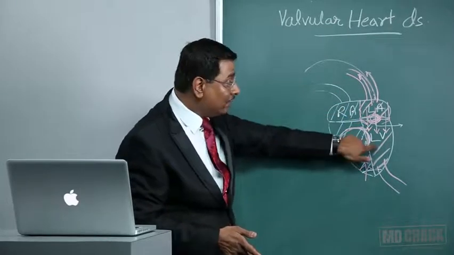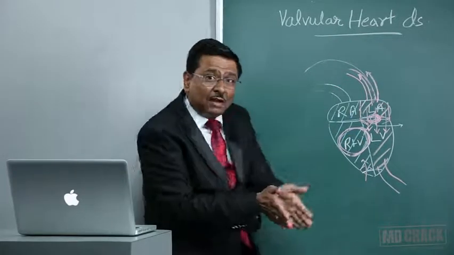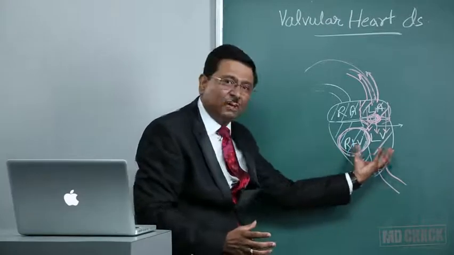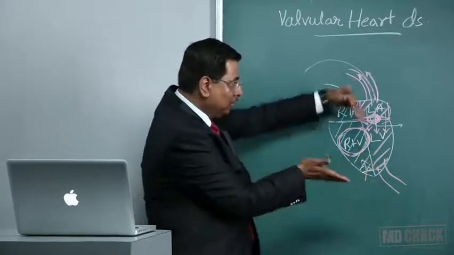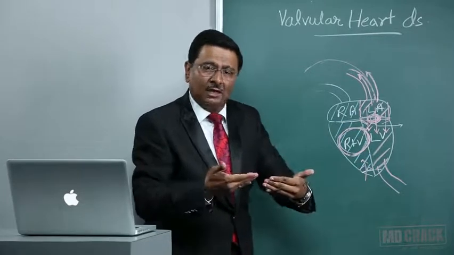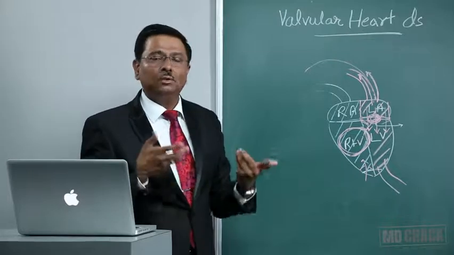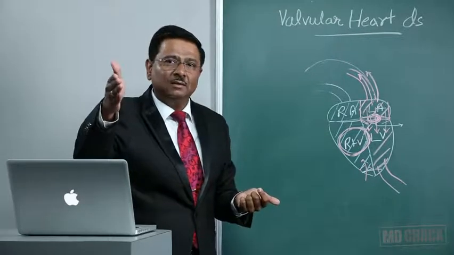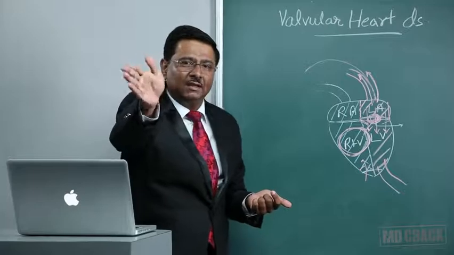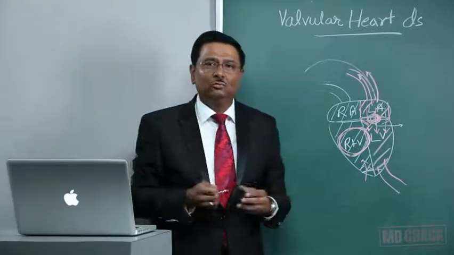So when left ventricular contraction starts, the mitral valves are still wide open, and because of the increased pressure, these valves come and strike back, katak, and because of this, a loud first heart sound is produced. As you can imagine, if you shut a gate from a smaller distance, versus if the gate is open wide and then you shut it, definitely the sound produced would be louder.